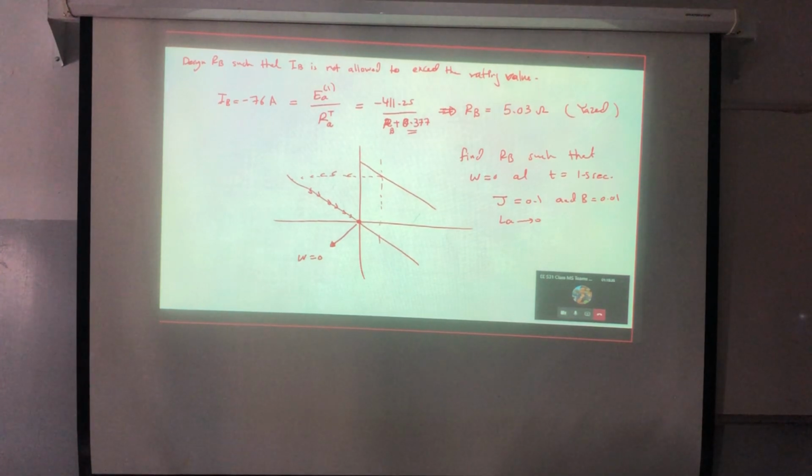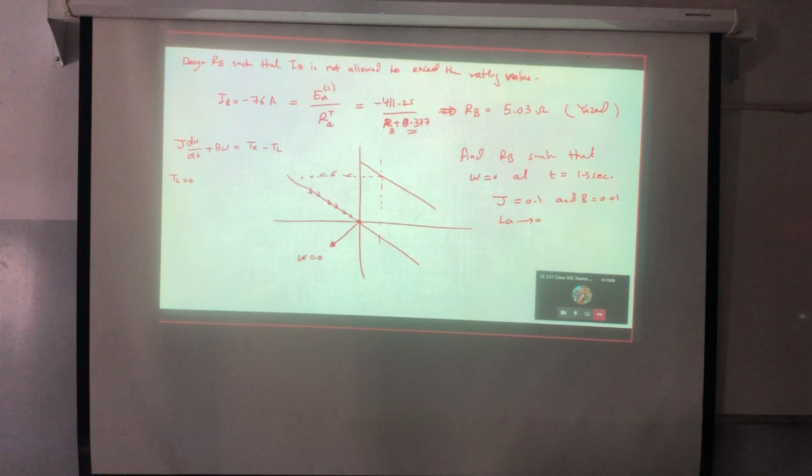So simply, if I need to solve this one, I will say J d omega by dt plus B omega must equal Te minus TL. If I'm assuming there's a load, I will put it here. If I'm assuming there's no load and I'm disconnecting it, the load will be 0. To make it simple, let's assume that TL is equal to 0.